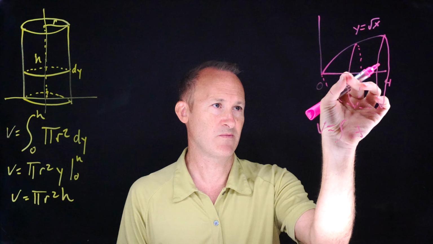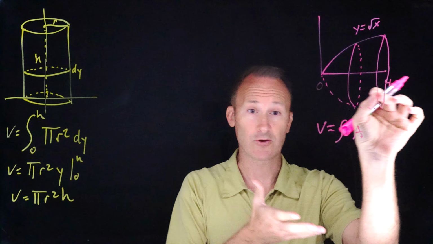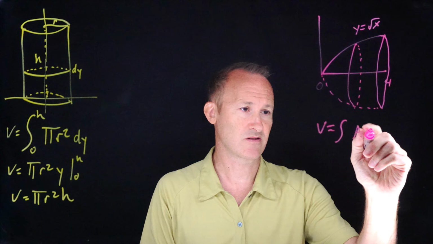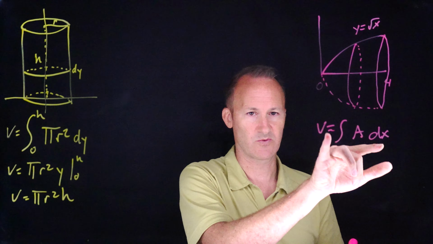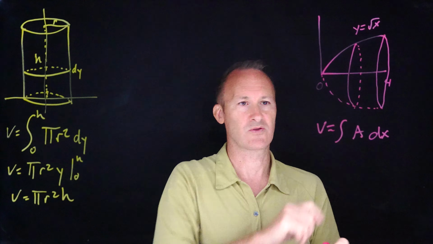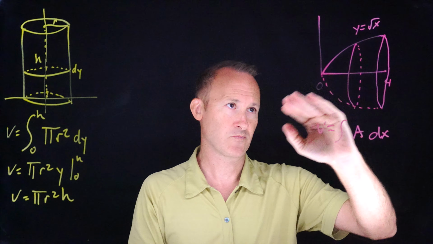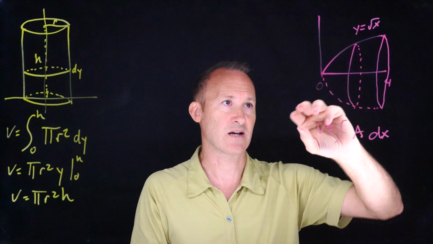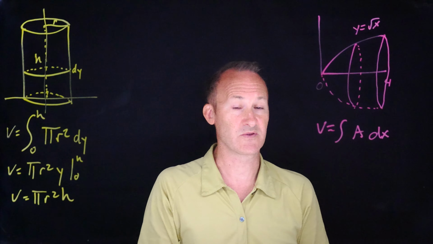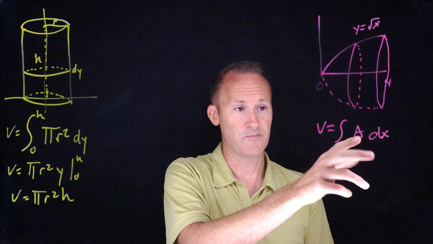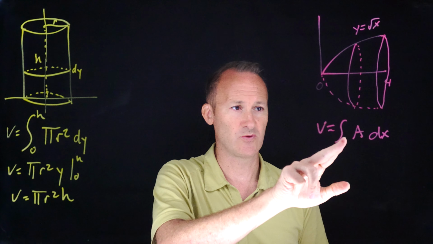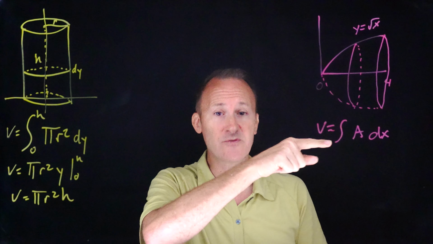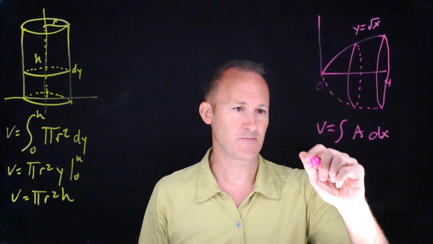If you have a bunch of circles going left to right, each has a thickness of dx. This will work for the volume of any function that is rotated around the x-axis. You're given y in terms of x.